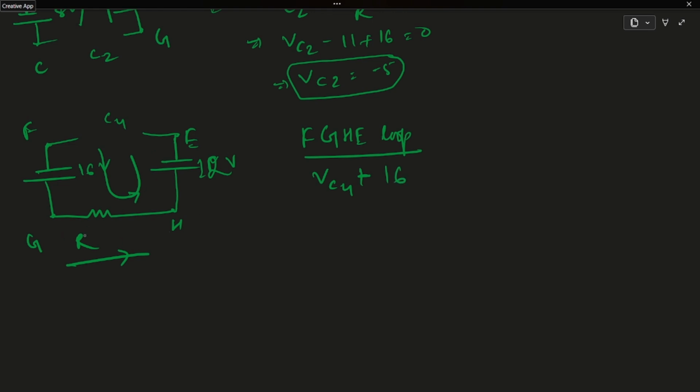As I move from G to H, the current is moving from G to H, so there is a voltage drop of IR, minus 3 by R into R. As I move from H to E, there is a voltage of 12 volts, as the battery is opposite, minus 12 equals 0. So VC4 plus 16 minus 3 minus 12 equals 0. VC4 is basically minus 1.